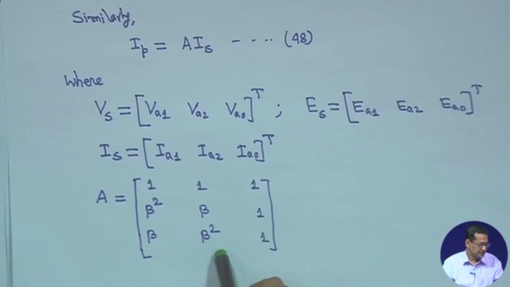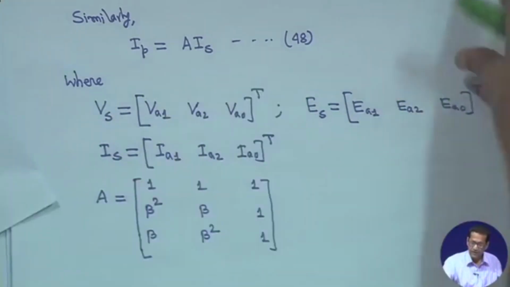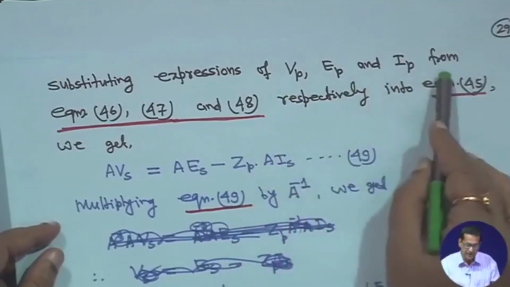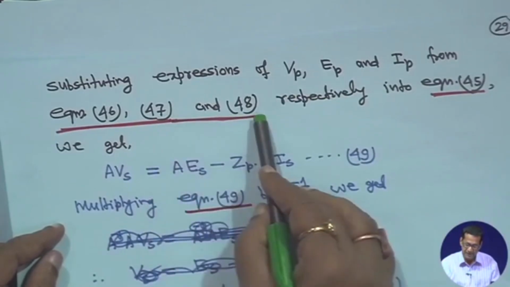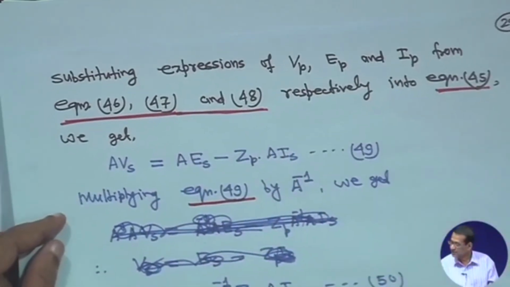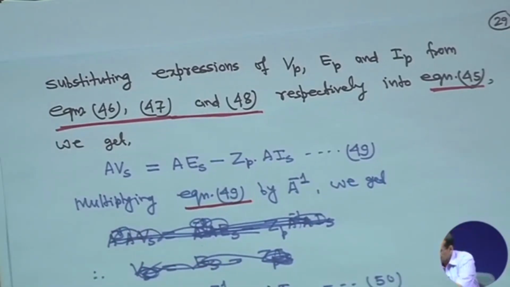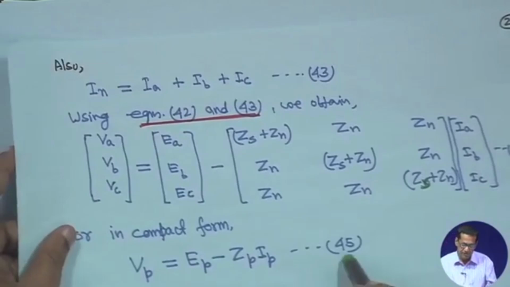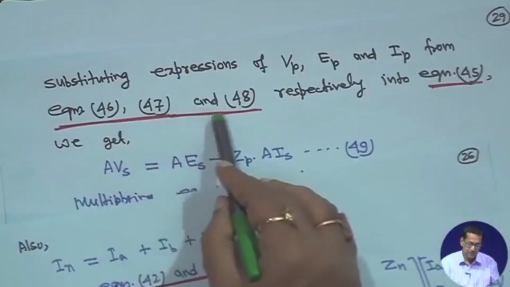Therefore, substituting the expressions of Vp, Ep and Ip from equations 46, 47 and 48 respectively into equation 45, everything defined in this equation you substitute from equations 46, 47 and 48.